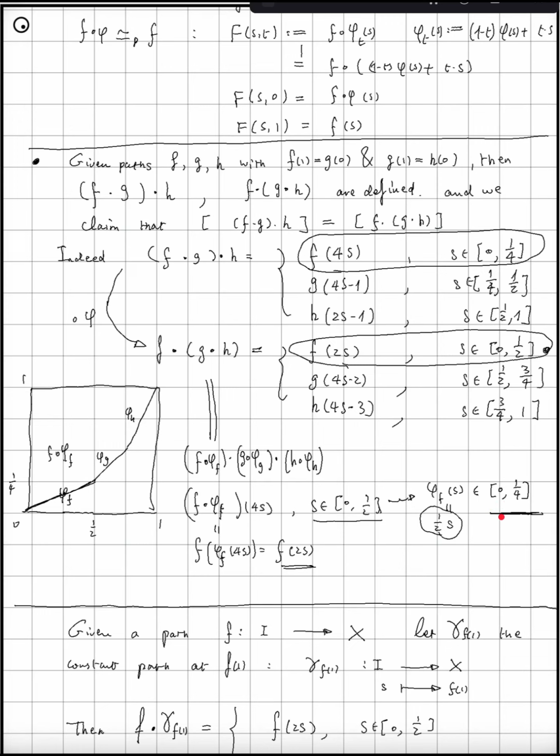And then this f evaluated on those gives you again f0 to f1, and the composition of f with phi of f is in the form f of 2s. So basically you are changing from this path to this path. You're just changing the speed of f.